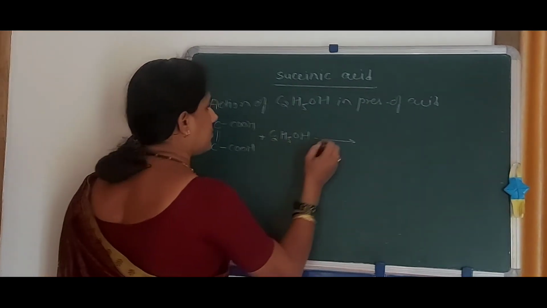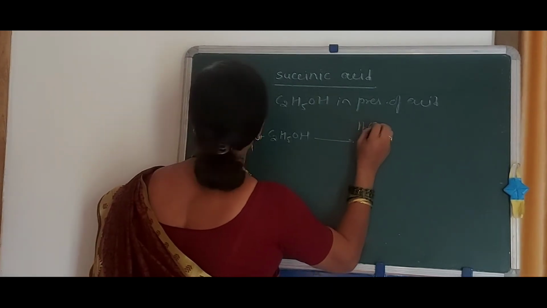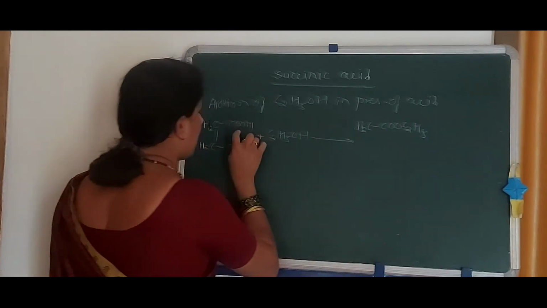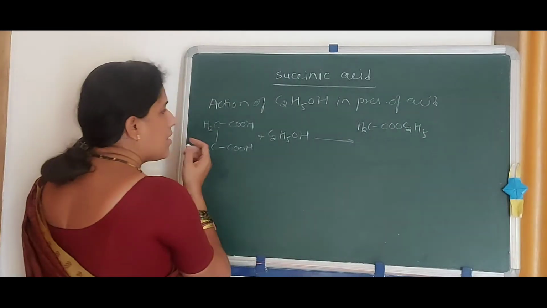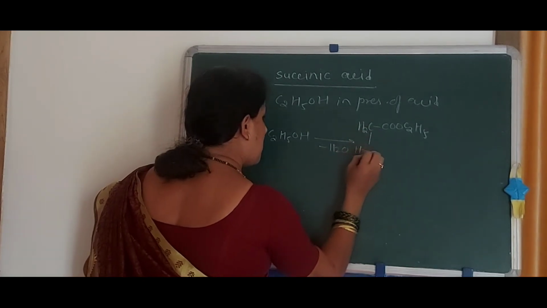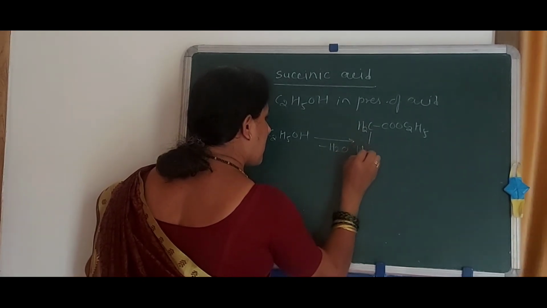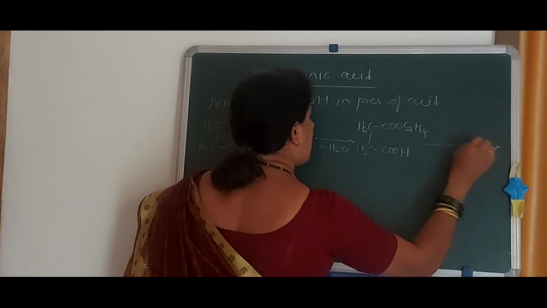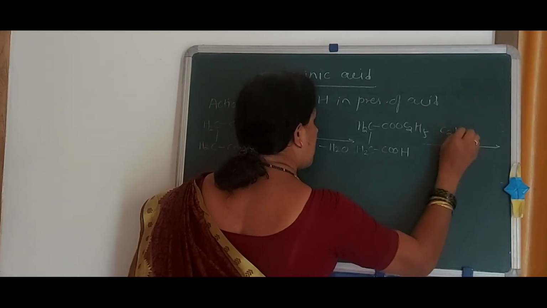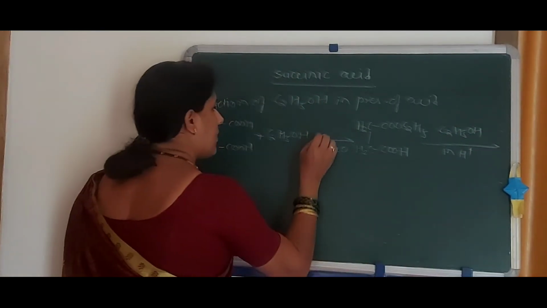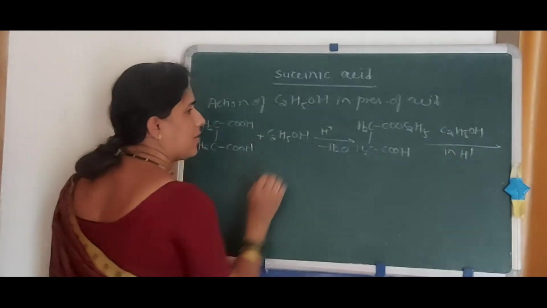That is CH2COOC2H5, that is removal of a water molecule. CH2COOH again uses one molecule of C2H5OH in H plus acid. Here also H plus acid.